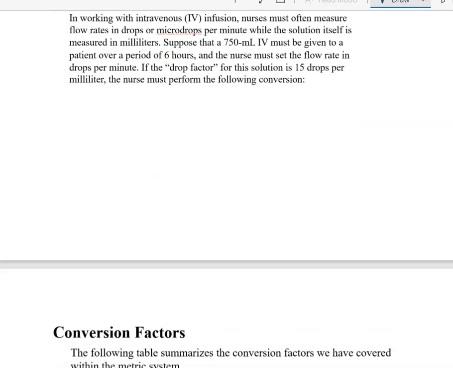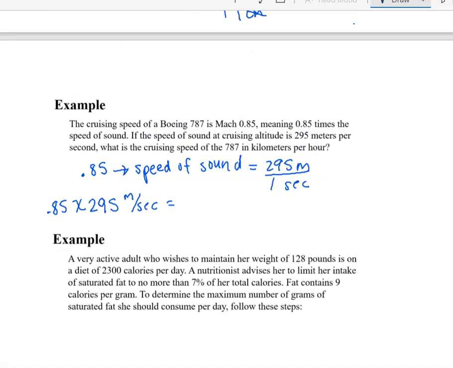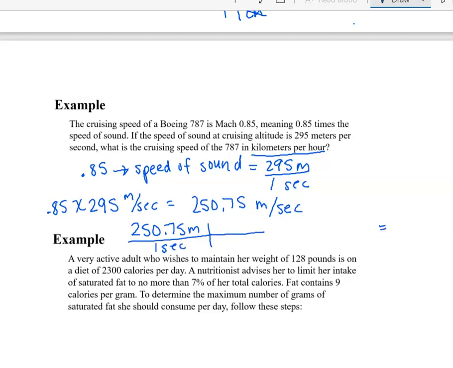We're going to get 250.75 meters per second, and they want kilometers per hour, so we need to change our 250.75 meters over 1 second to equal kilometers per hour.